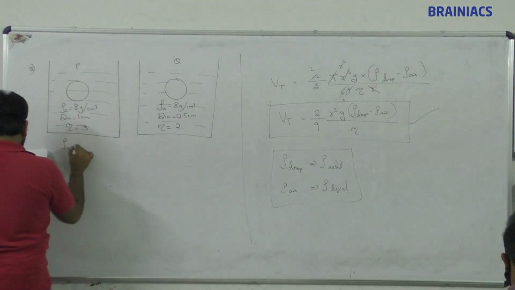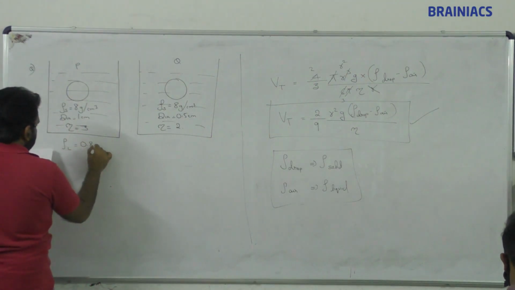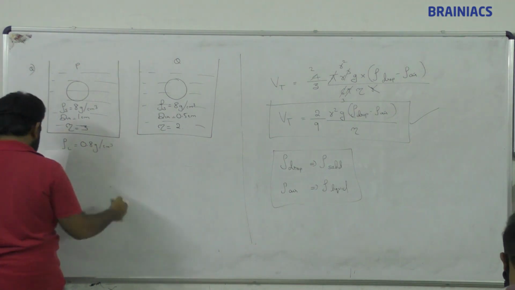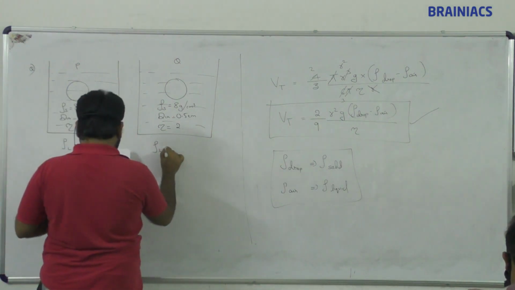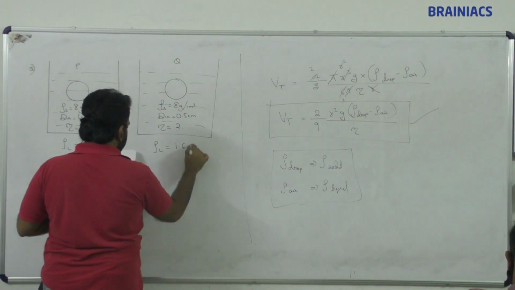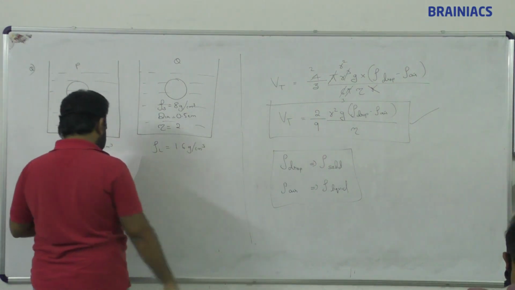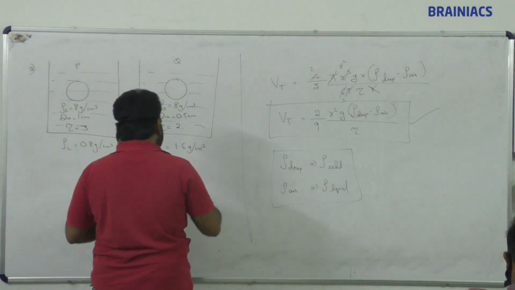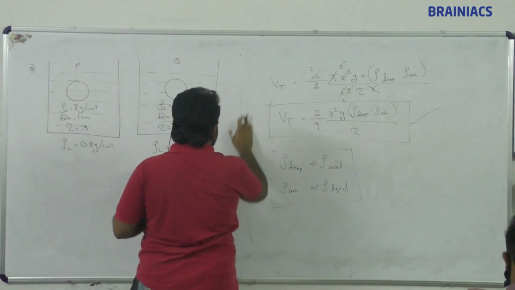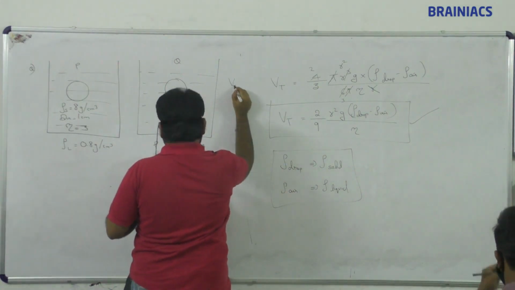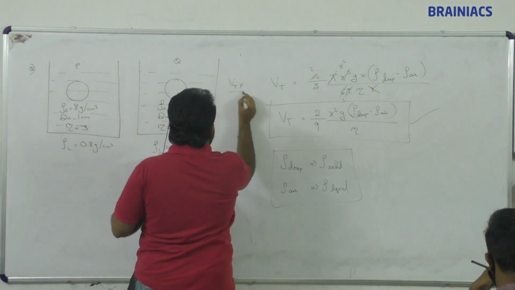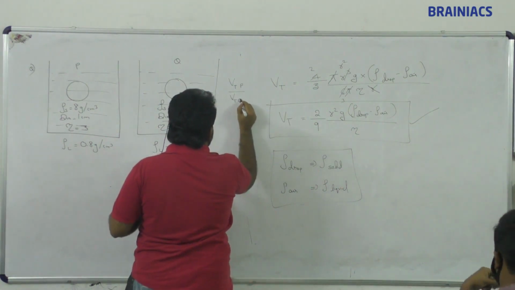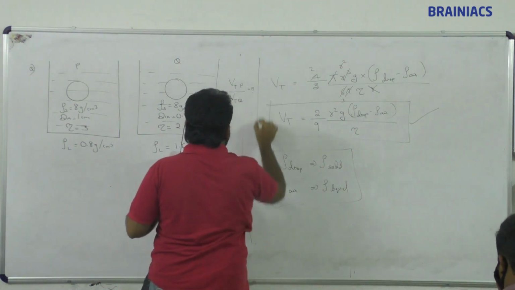Density of the liquid in this case is 0.8 gram per centimeter cube, and here it is 1.6 gram per centimeter cube. So the question is the ratio of terminal velocity of P to terminal velocity of Q. This is the question.